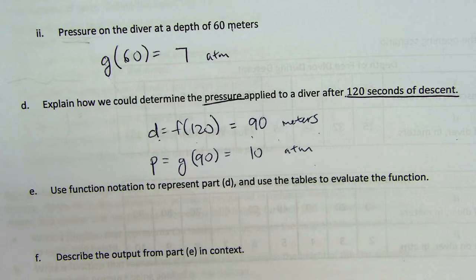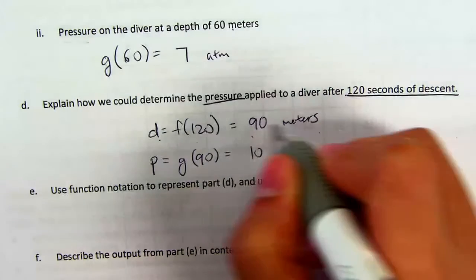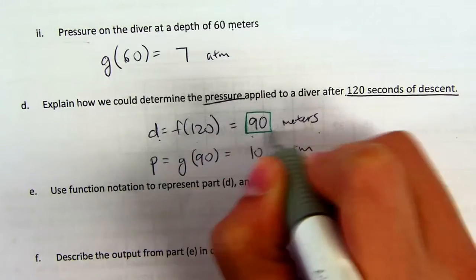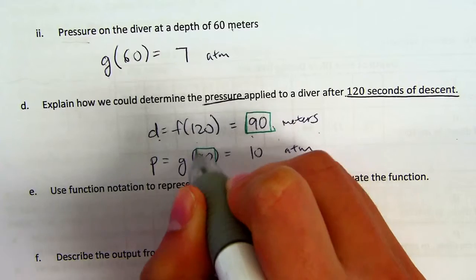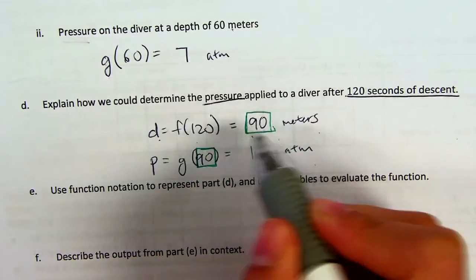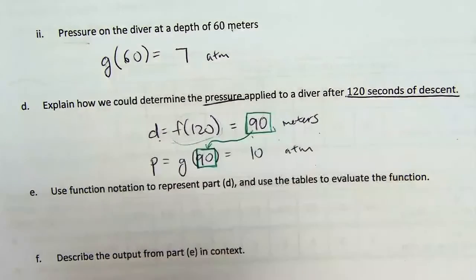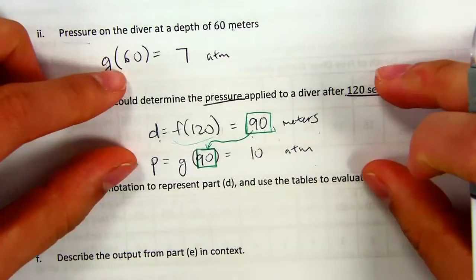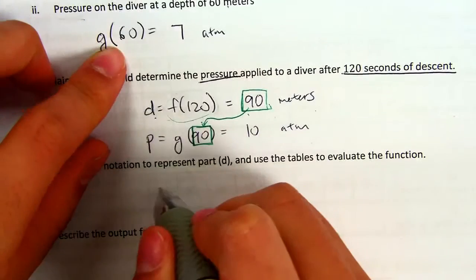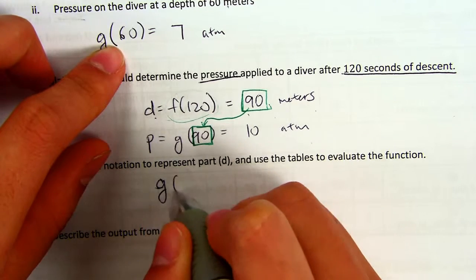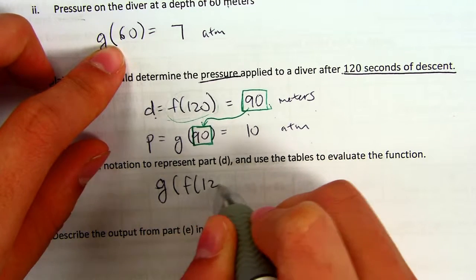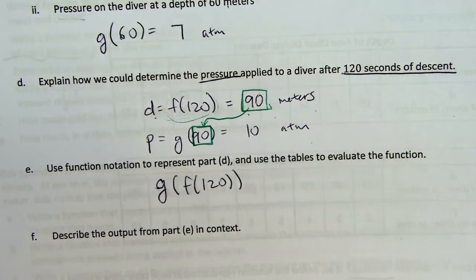I'm going to go ahead and color code this for you. This 90 meters is what we plug into here. And that 90 meters is the output from this function, f of 120. So essentially we're plugging into here. We can rewrite this entire scenario as g of f of 120, because that f of 120 is that 90 meters.